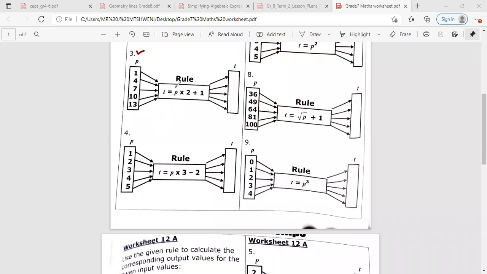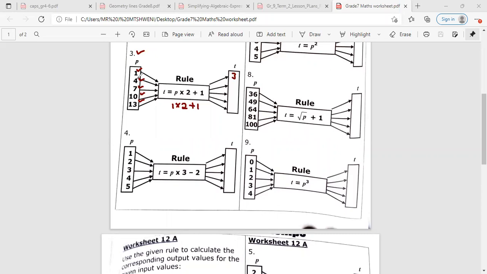So now remember, we are replacing where there's P with the given input values. Here we have P multiplied by 2 plus 1. So it's going to be 1 multiplied by 2 plus 1. 1 times 2 is 2, plus 1. What do you get? You get a 3.